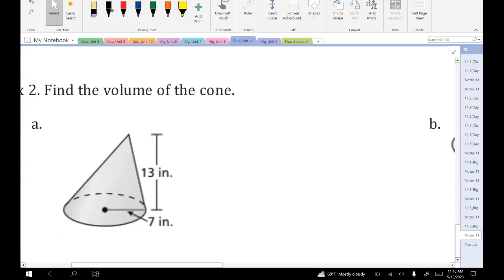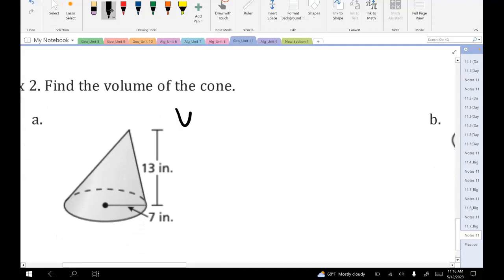Again, this is just using your formula. Volume is, don't forget the 1/3. That's what I find myself doing: if I try to do this quickly, I forget the 1/3 part. It's 1/3 base times height.